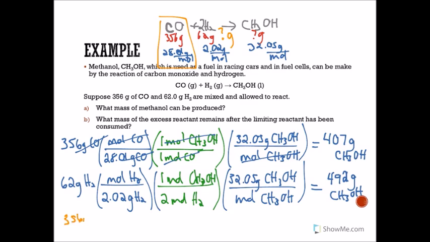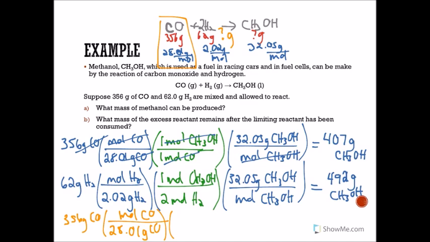So 356 grams of carbon monoxide, and we are going to figure out how much hydrogen we actually needed. The 62 grams is too much hydrogen. We need to figure out how much we actually need, and we're going to use stoichiometry to find out.